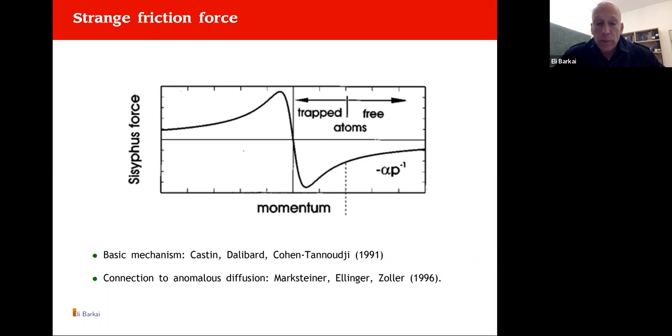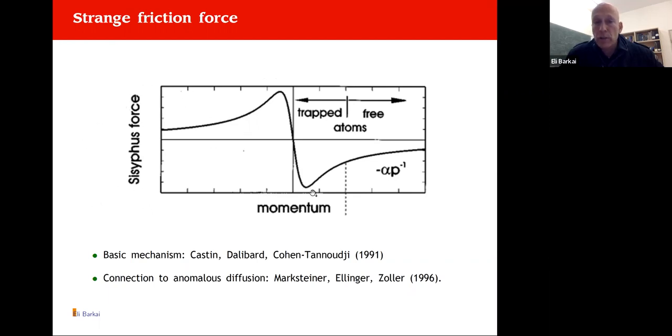Indeed, this is trivial because when you move faster in water, you collide more with the water molecules, and then you slow down. And the friction of a Brownian particle in water is proportional to velocity or momentum.